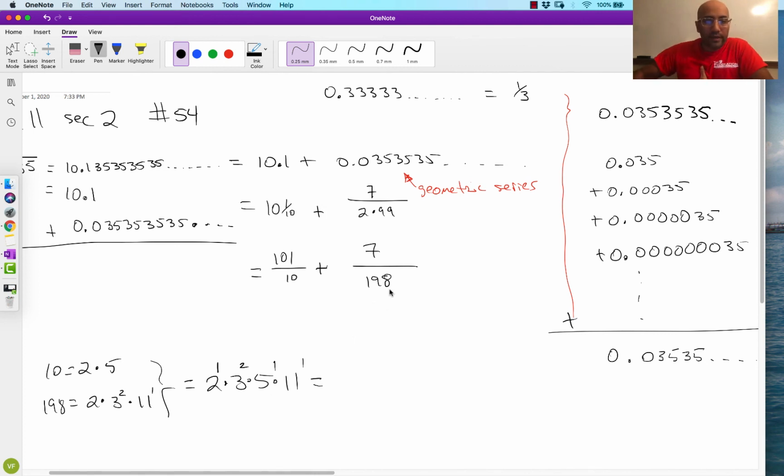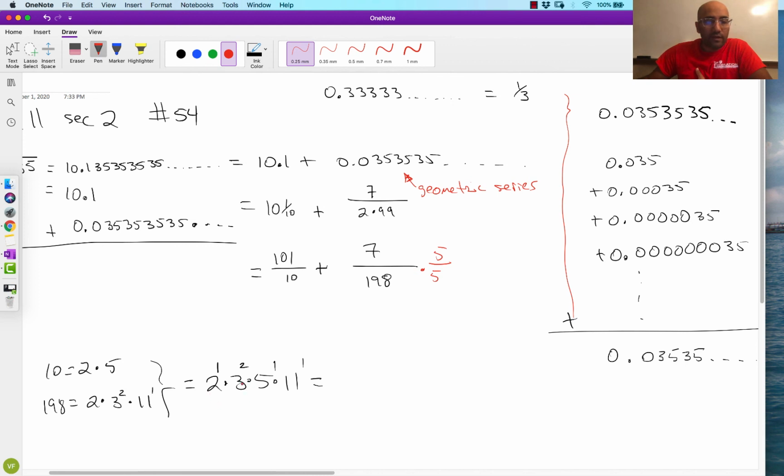Or another way to look at it is that the prime factorization is this guy, and this is the least common multiple. So the only thing that it's missing is a 5. So we multiply this one by 5 over 5, right? Because the 198 has the 11, and it has the 3 squared, and it has a 2. So it's missing a 5. And now the 10, that's 2 and 5.